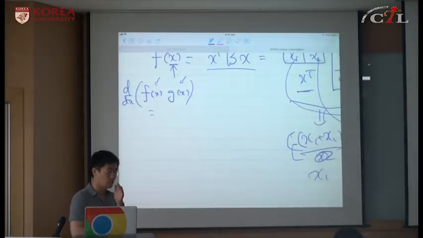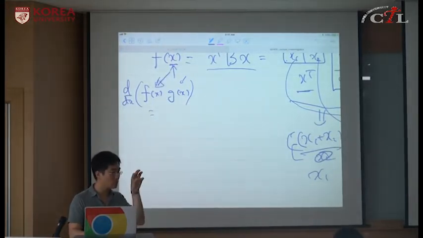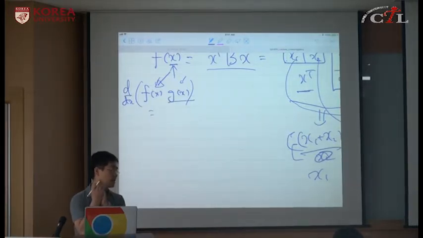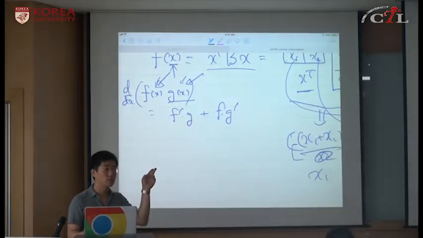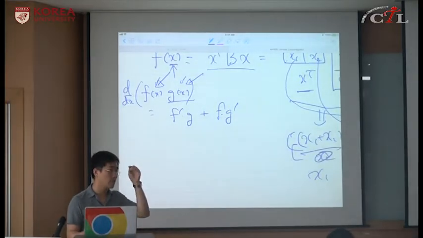So if we view f(x) as our function that contains our variable, and g(x) as not containing our variable and treat it as a constant, then it will be f prime times g, and then we take turns, and we move on to the second part, f g prime. You guys learned this in high school, right?